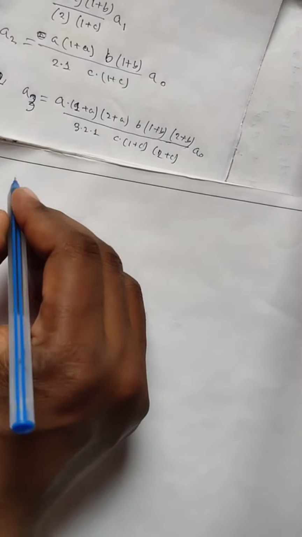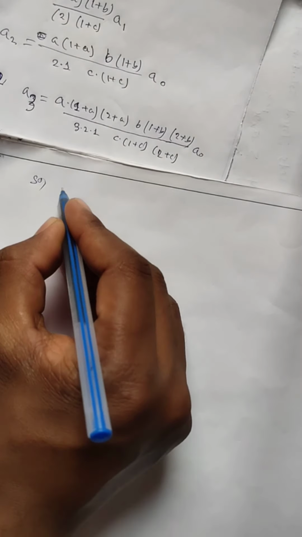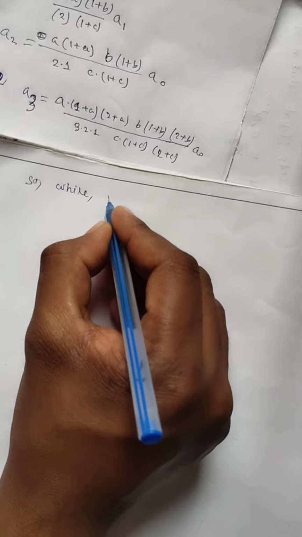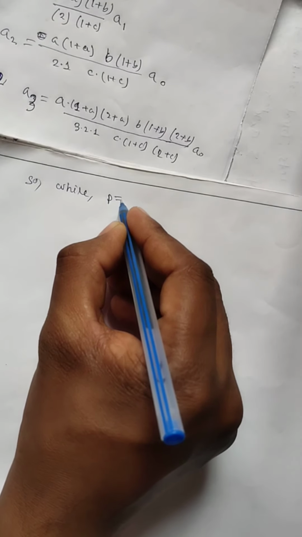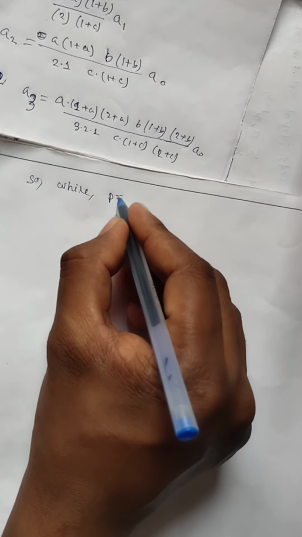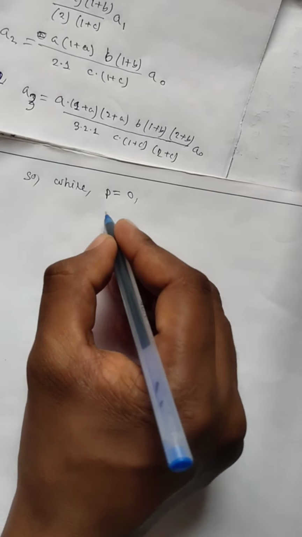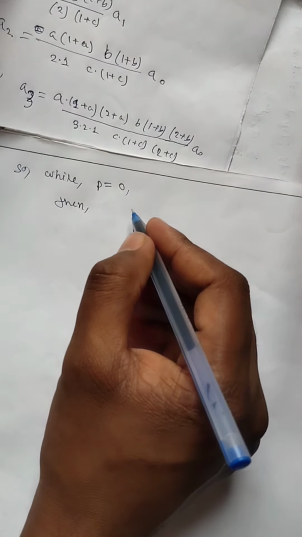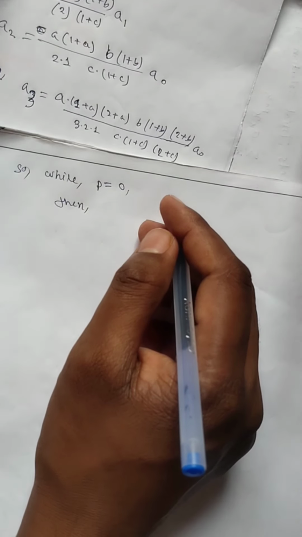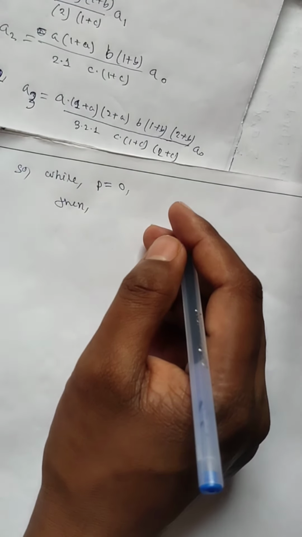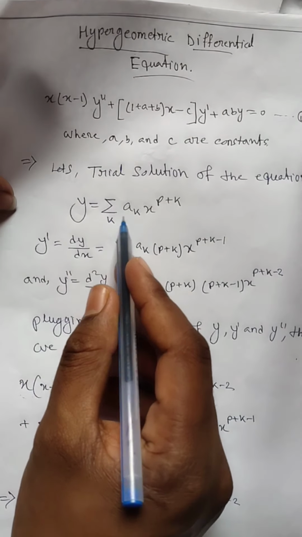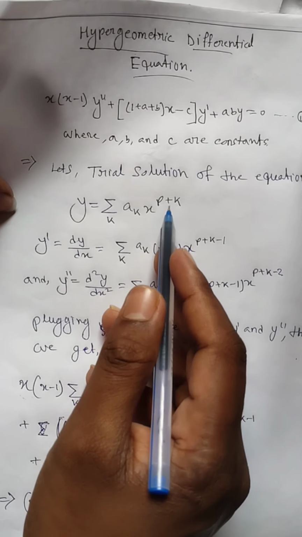So while p equal to 0, previously we took a trial solution of this equation, that was y equal to the sum of ak x to the power p plus k.